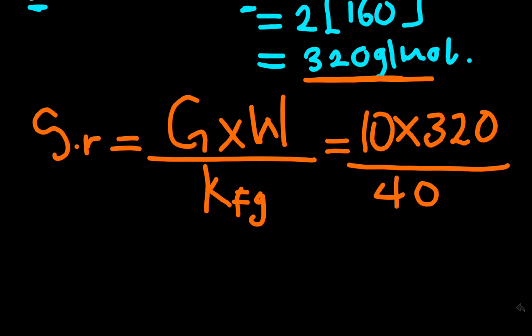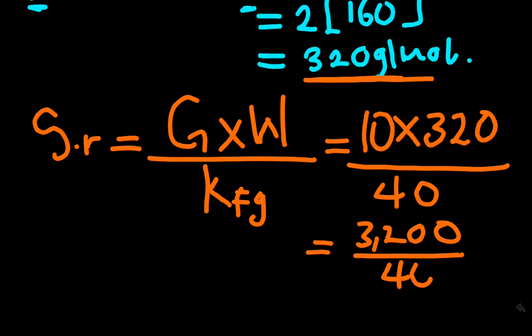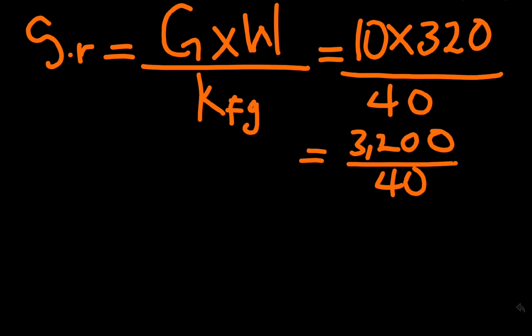So if we punch a calculator, we say 10 times 320. This gives us 3,200 divided by 40. And our final answer will just be 80 grams.